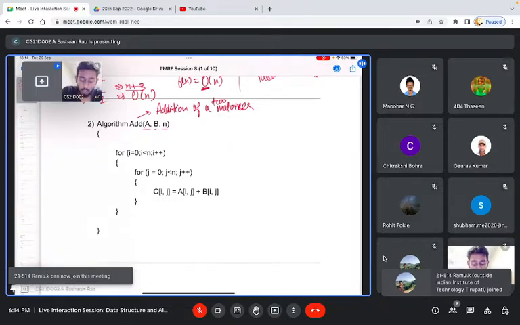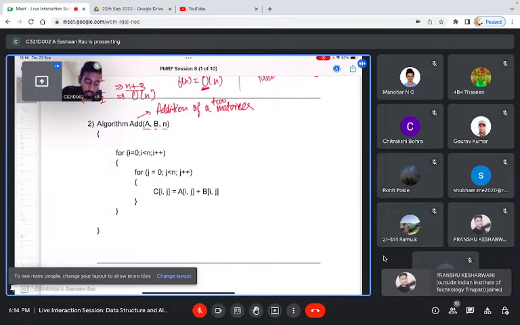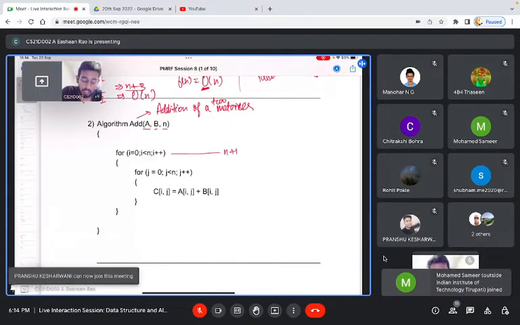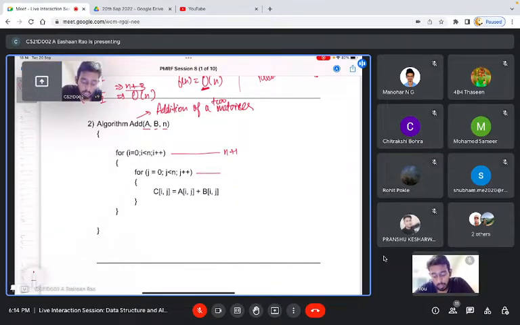Now, ideally the first loop, this is called a nested loop. Obviously the first loop will run for n plus 1 time, because the extra plus 1 tells that it is a wrong condition, after which it can't run. So if it is running for n plus 1 time, this statement will run for n time.